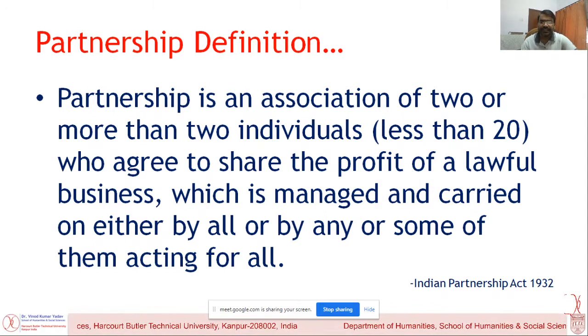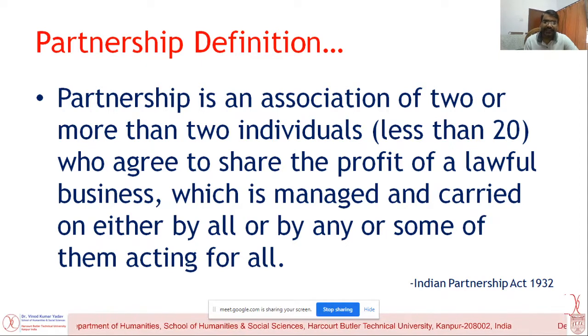Important thing is that if two or more people come together to do some lawful business and agree to share profit in the proportion agreed upon, whether that business is managed by one person, by all, or by some of the persons, it is for all.